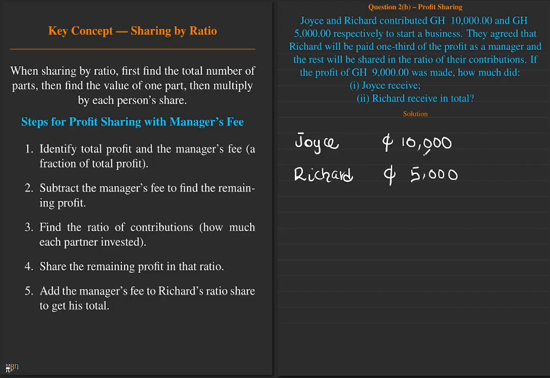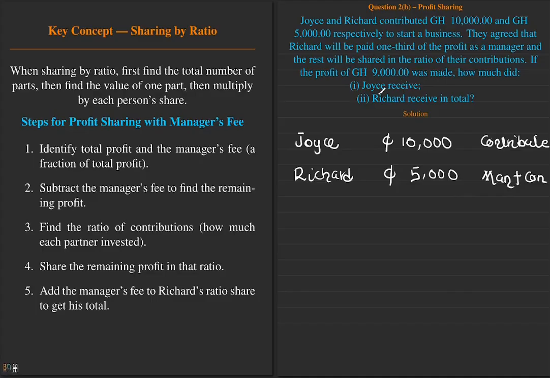Take note that Joyce is just a contributor, and Richard, on the other hand, is the manager and also a contributor. That is from the question.